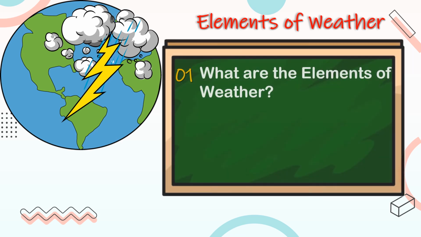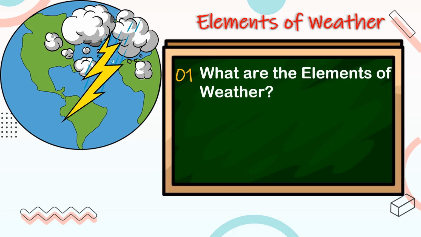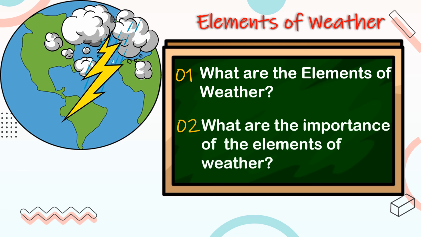So now let's go back to the questions that we had at the beginning. Now we know what the elements of weather are. What is the importance of the elements of weather? The weather concerns everyone and has some effect on nearly every human activity. It occurs within the atmosphere, the mixture of gases that completely envelopes Earth. There are several primary conditions of the atmosphere or weather elements.